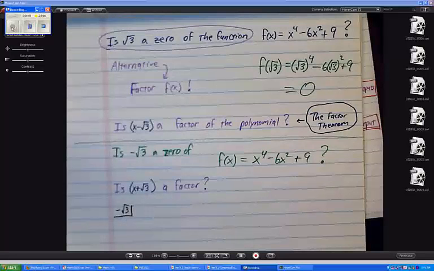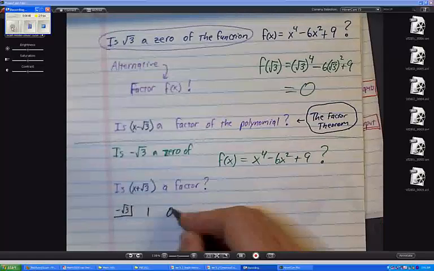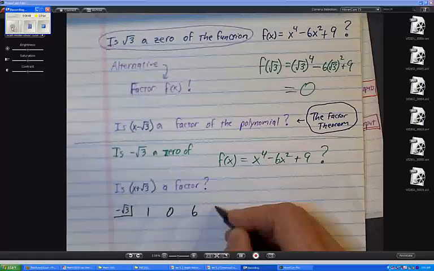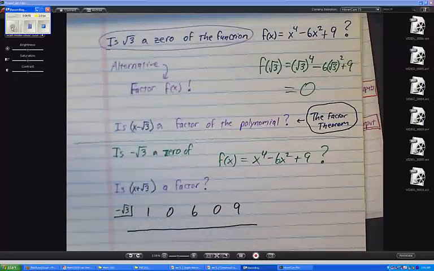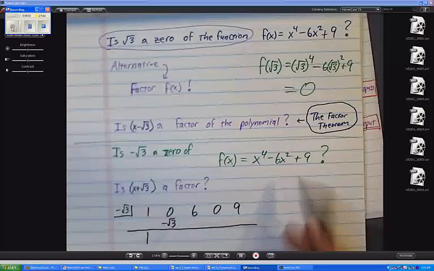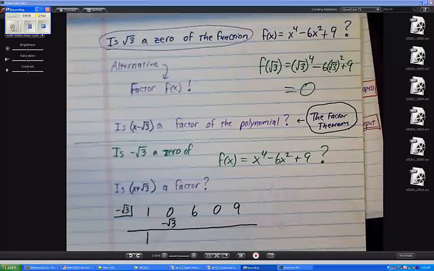What goes here is easier. 1, 0, 6, 0, 9. And what are the instructions, guys? Add and multiply. Yes, thank you. We almost had a crucial error.